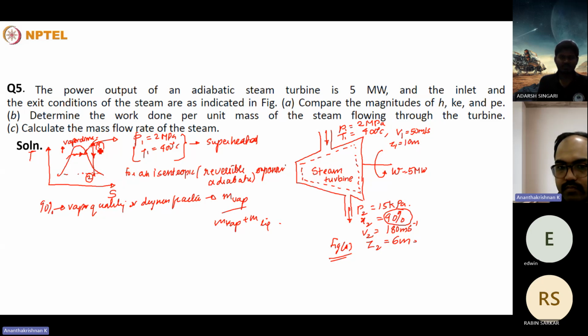Try to solve it. I guess these points will be sufficient, but in order to calculate the final value, you will be requiring the steam table to obtain the state point values.